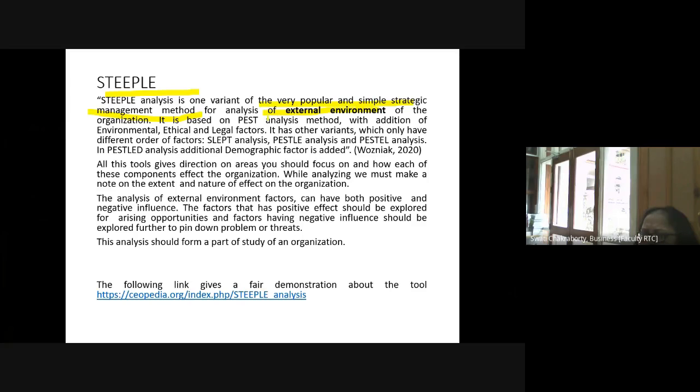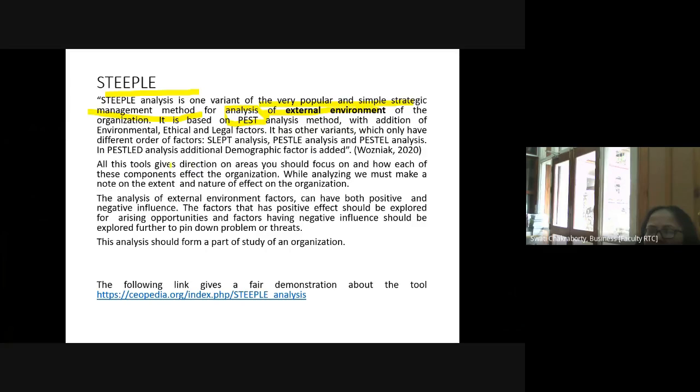The basic method was PEST, based on which other analyses came up, like SLEPT and PESTEL. The last that came up was STEEPLE. Along with PEST, political, economic, social, technological, the rest of the factors in STEEPLE are environmental, ethical, and legal factors.